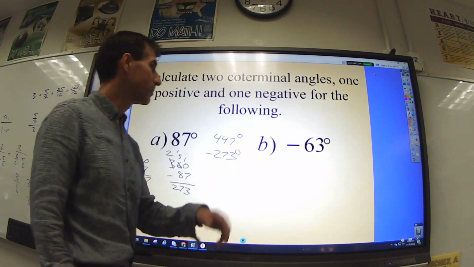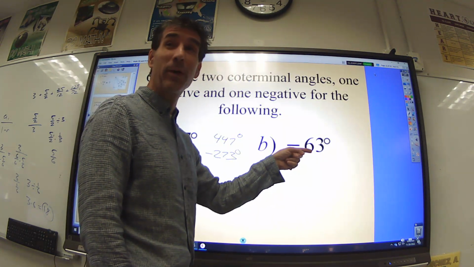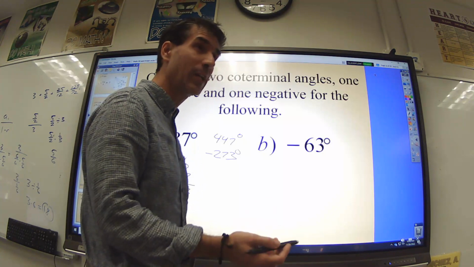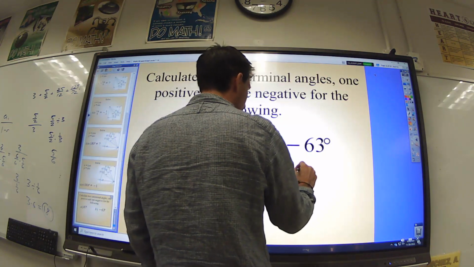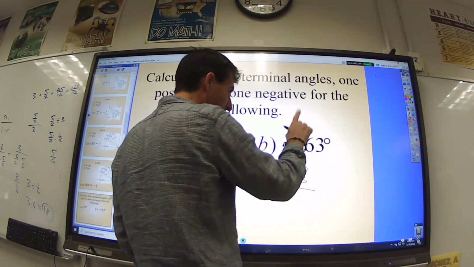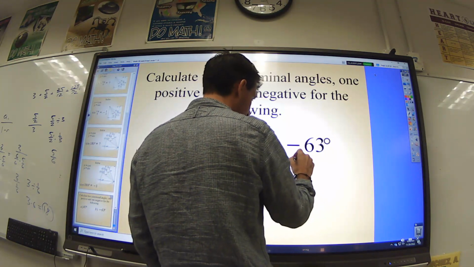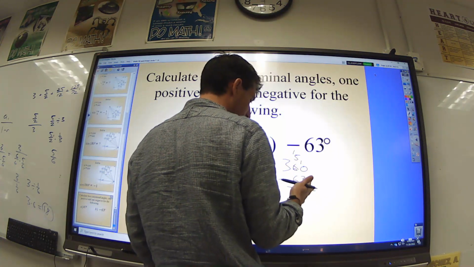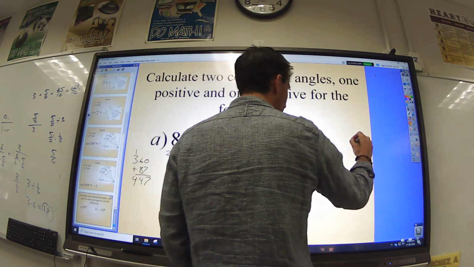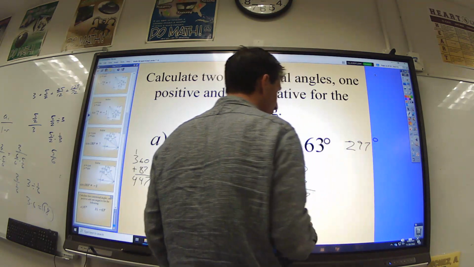Now for this one, I'm going to add 360. If I add 360, what am I really going to do if I'm adding a positive and a negative? You're going to subtract and then make it negative, right? 360 minus 63, because they're different. You have positive and negative, so it's going to be smaller. I got 297 degrees.